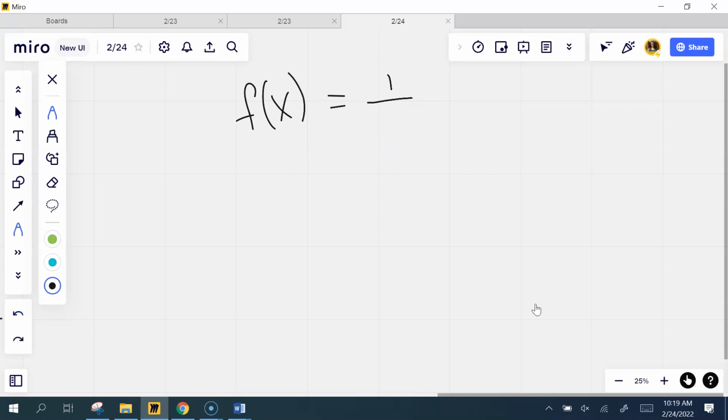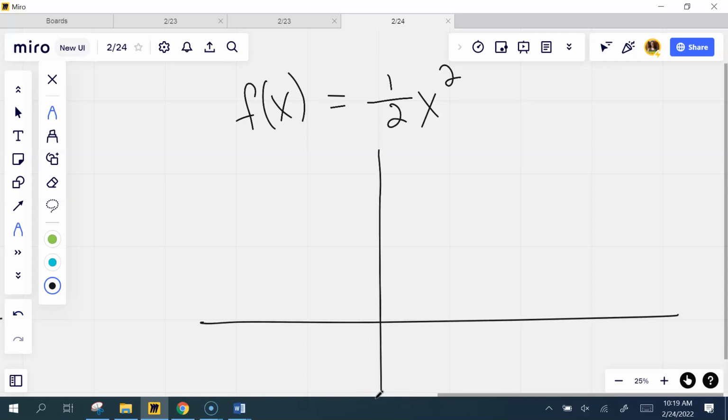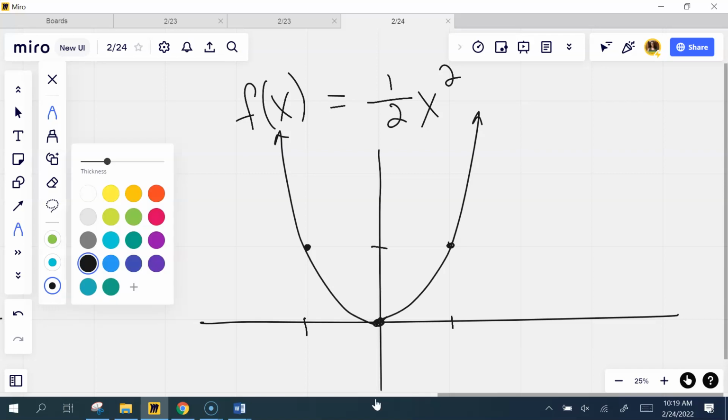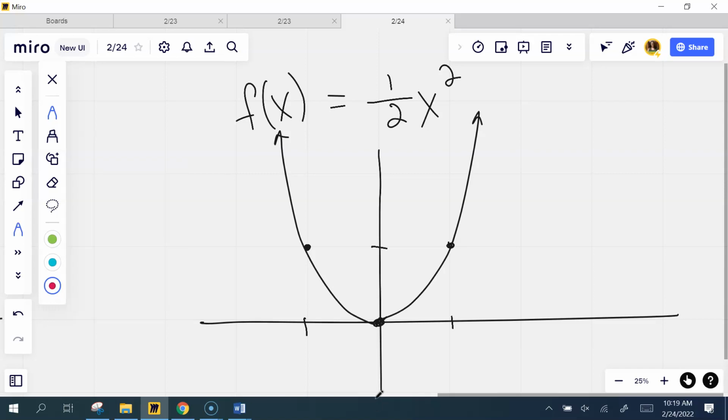So we said vertical. And I'm going to put the parent, again, you don't have to do the parent every time, but it may be helpful for you as we start, to see if you can find the new graph there.